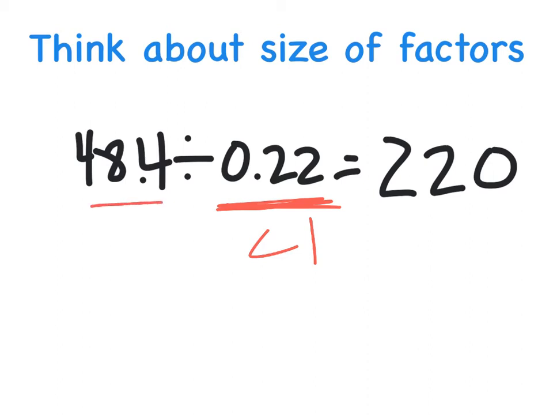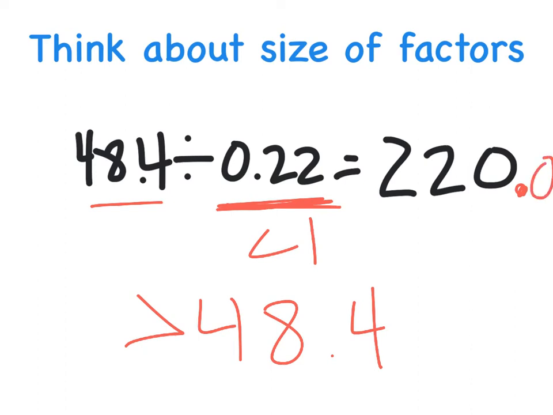So my answer should be greater than the number I started with, 48.4. The only place that I could put the decimal point here to make my answer greater than 48.4 would be right here at the end. So my answer would be 220 or 220.0. So that's how you could use number sense and what you know about the size of the numbers to help you figure out where to place that decimal point.